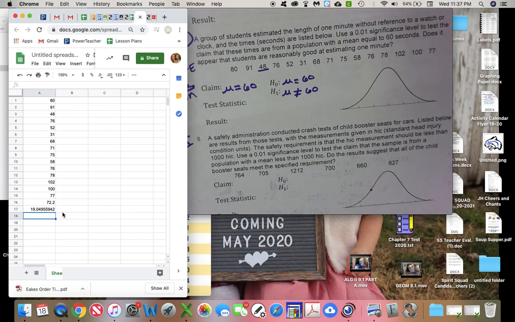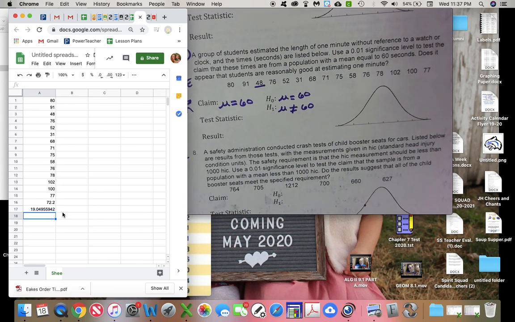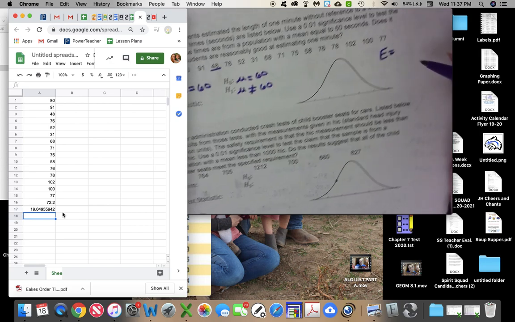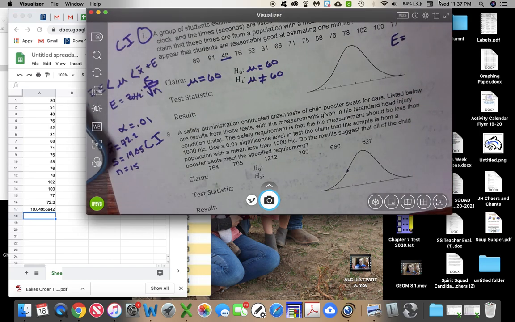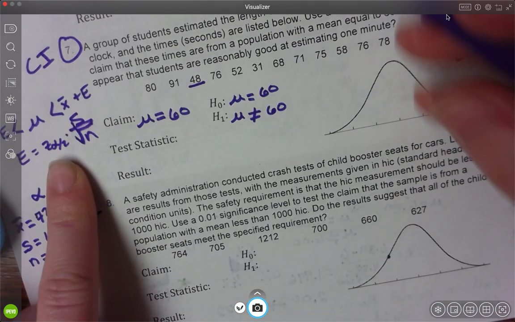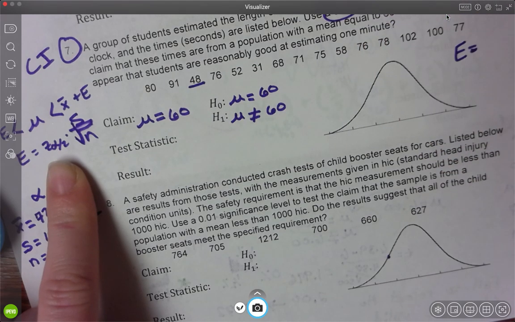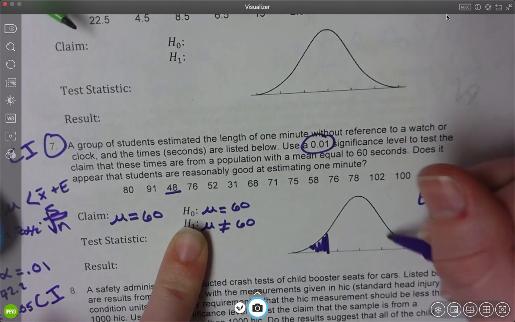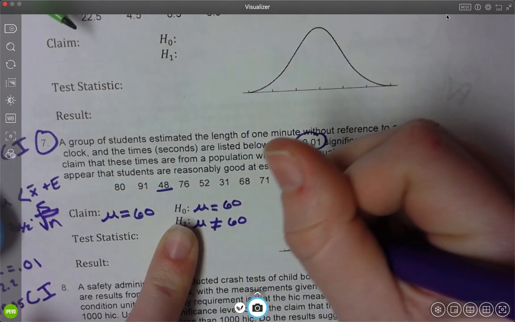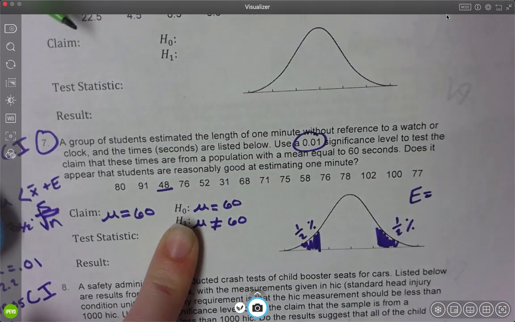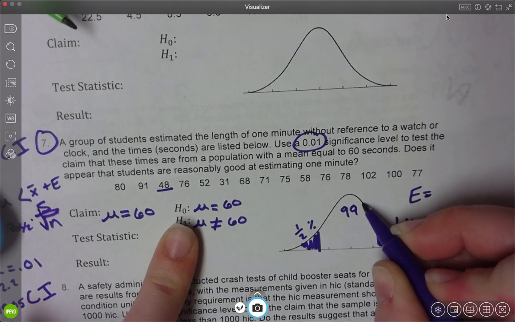All right, so now the confidence interval. I'm going to calculate the error over here. I need my z of alpha over 2, and this is where we need to decide what z of alpha over 2 is. We're saying a 0.01 or 1% significance level. That means I have two tails and I'm separating the 1% into two pieces, so I have 0.5% and 0.5%, which means 99% is inside.